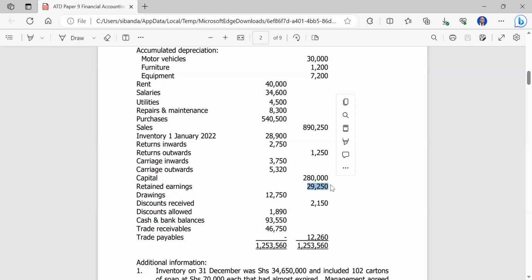So even when you're taking it to your statement of financial position, you now make it negative. It will no longer just be added to capital, it will be a minus.